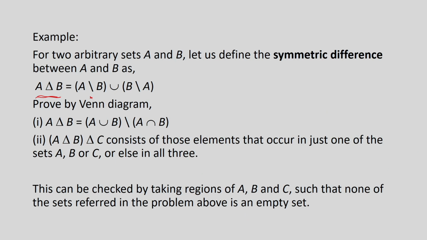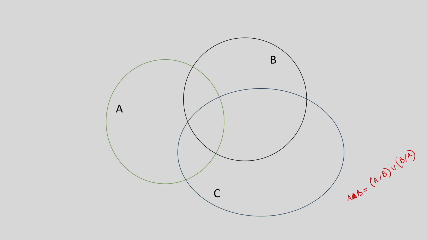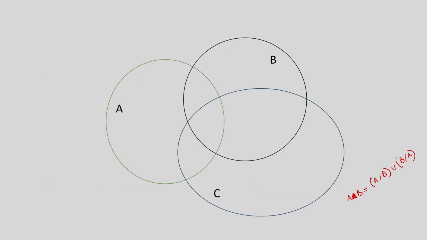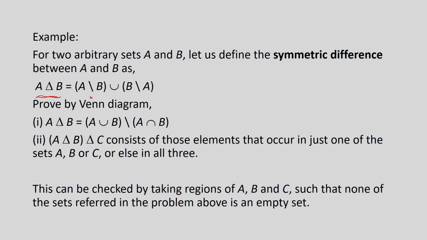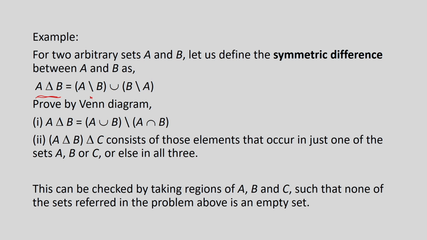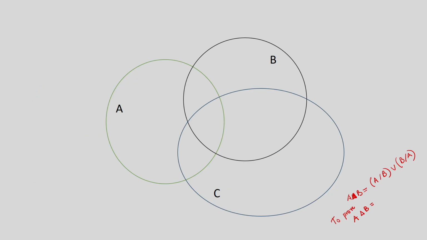But what is the definition of delta? Oh no, sorry, I have just defined A delta B, A minus B union of B minus A. What do I have to prove? I have to prove something else. I have to prove that A delta B is equal to A union B minus A intersection B.